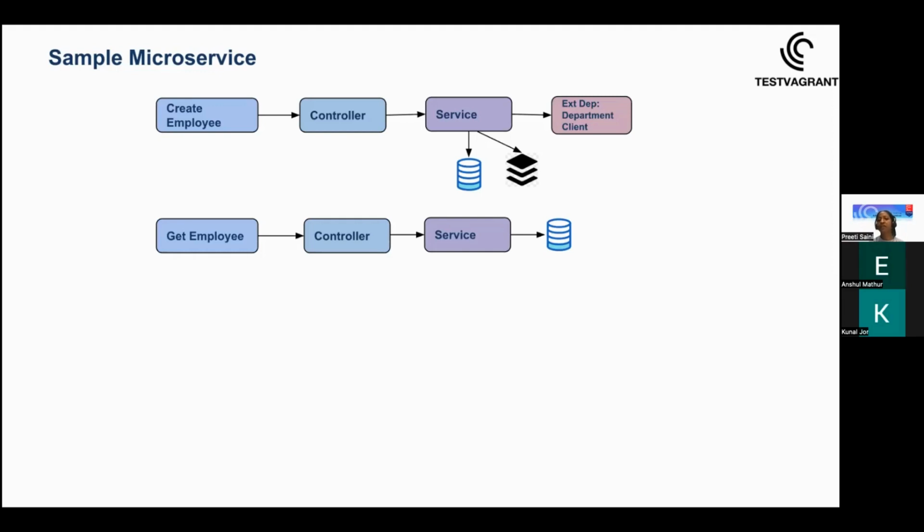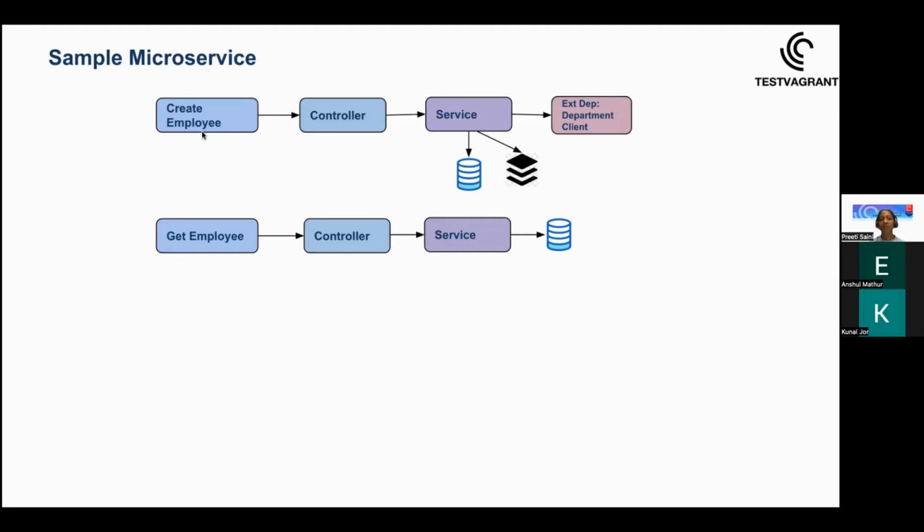If a 200 response is received, it creates the employee in the DB, which is a DynamoDB. And once the employee is created in DynamoDB, it also sends the employee request which we have just created to SQS, right?